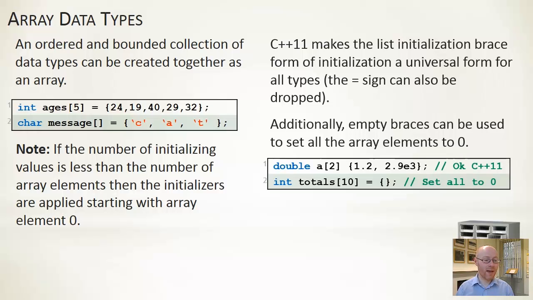If you assign fewer values than there are available spaces, so for example, we had an array of 5 ints, and we only provided 3 of them, then it's the first 3 that get specified, and whatever default values you have in place for the remaining ones. C++11 also added a few other forms of initialization, including a fairly common mechanism whereby you can set all the values to 0 within the created array.